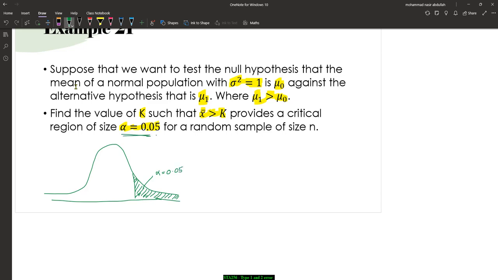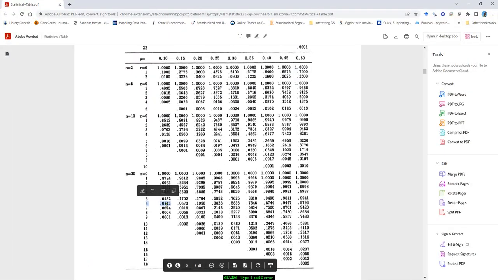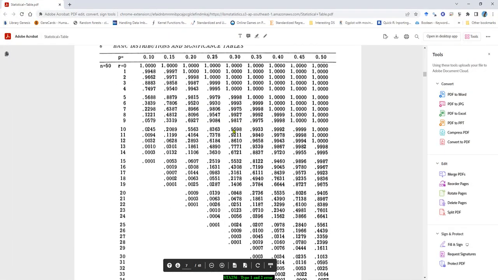So now when alpha is 0.05, right? And we are looking into a normal distribution, so we're going to use Z distribution kan? So this is going to be Z distribution lah. So Z alpha 0.05, kita tengok dalam statistical table.